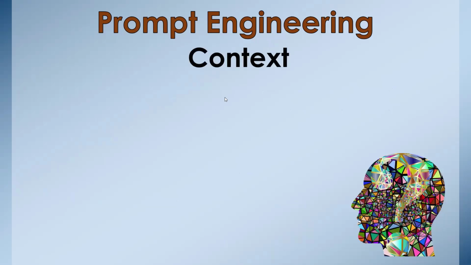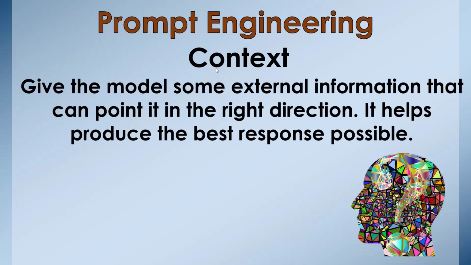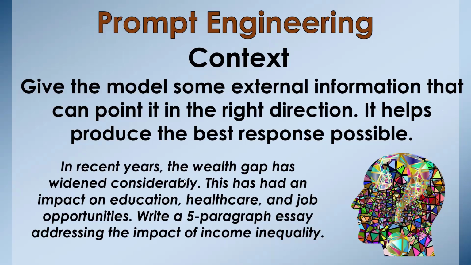Context is another part of prompt engineering. You want to give the model some information that can point it in the right direction. It's going to help it to produce the best response possible. So for example, you might say something like, in recent years, the wealth gap has widened considerably. This has had an impact on education, healthcare, and job opportunities. Write a 5-paragraph essay addressing the impact of income inequality.